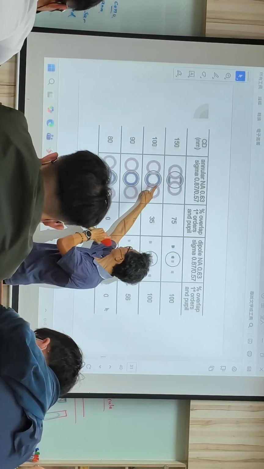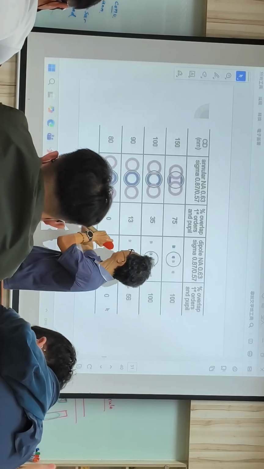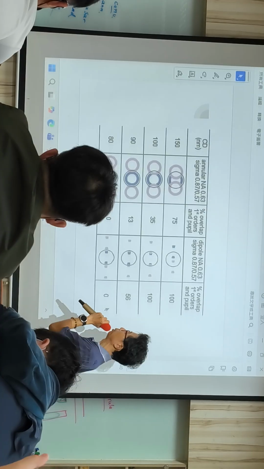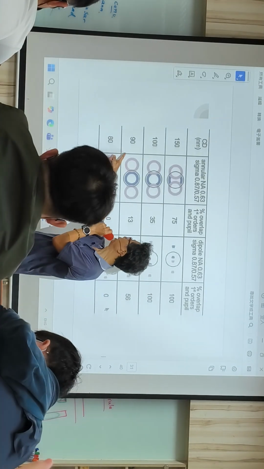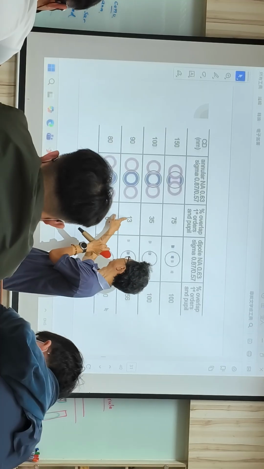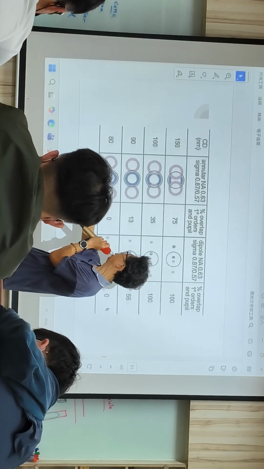So now it's only 35%. It's still collected by the objective lens. And when you go down to 90 nanometer, only a very small portion, only 13%, is there. At 80, then 0.